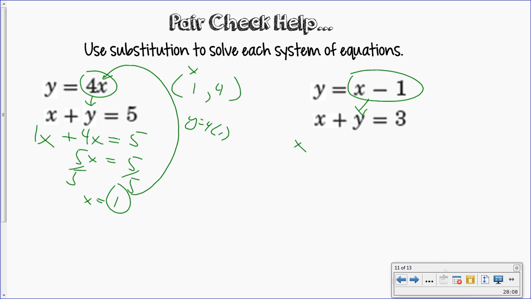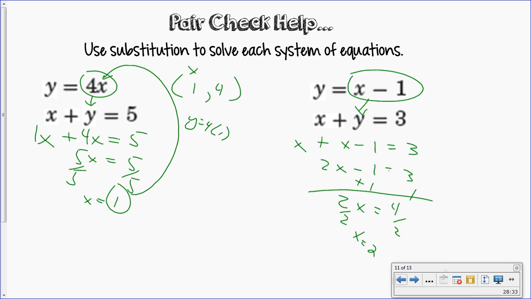No. Okay, so x plus, x minus 1 equals 3. 2x equals 4, divided by 2, x equals 2. Shove that back into what? So 2 minus 1 gives me 1, so my ordered pair is going to be 2 and 1.